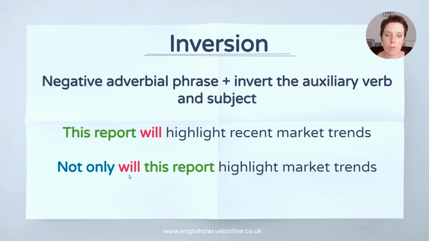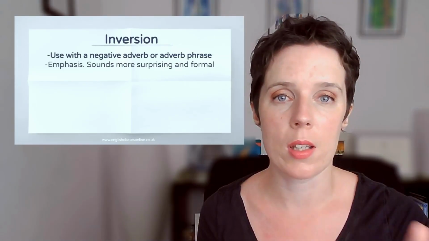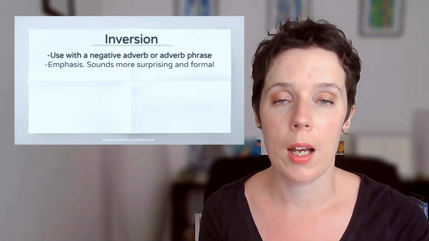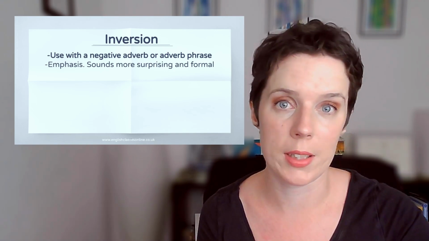Then you need to invert or change places the auxiliary verb and the subject, and that makes your inversion form. Again, use it with a negative adverb or adverbial phrase, and in doing this, it sounds more emphatic and also more formal. We often use this in formal writing.